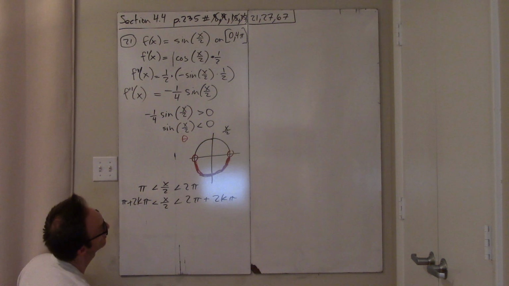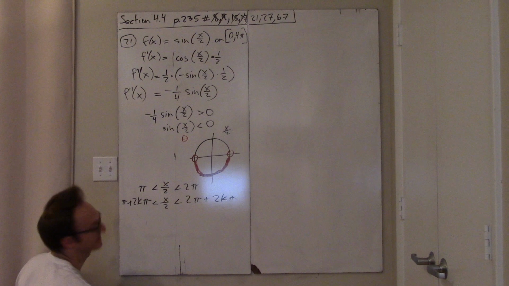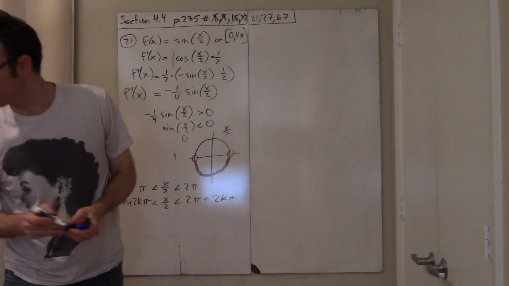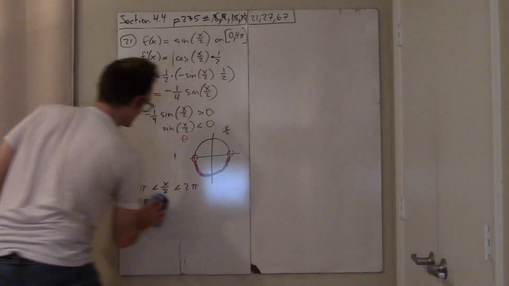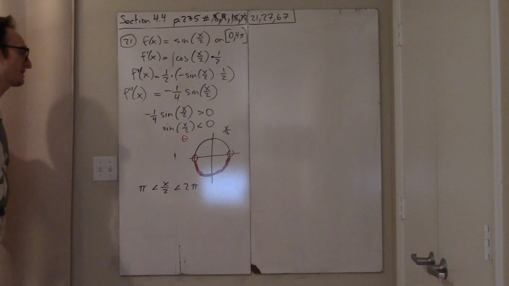Is this what I want to do? Yeah, because if I go all the way around the circle again, well, you know what? This actually doesn't matter for this particular problem, it's a little bit stupid.